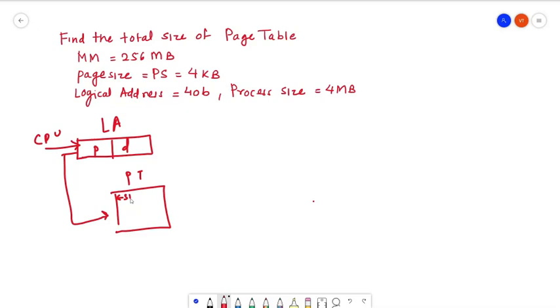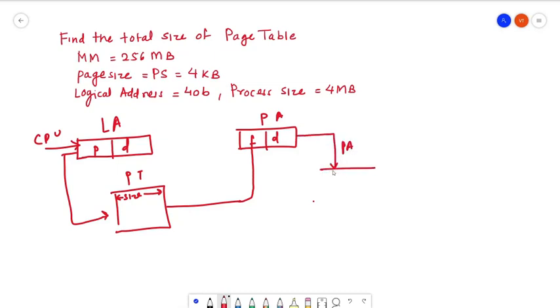This is the size of page table which we have to calculate, and this is your physical address with frame and the instruction offset. So this frame will come here from the page table, and this is your physical address of main memory.